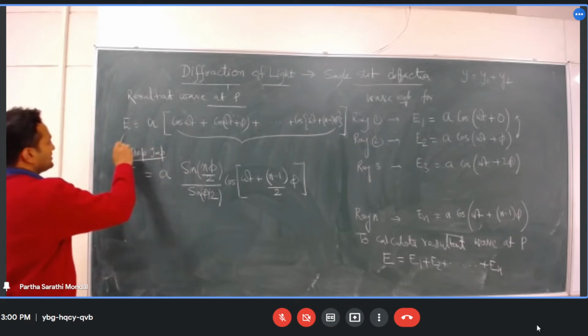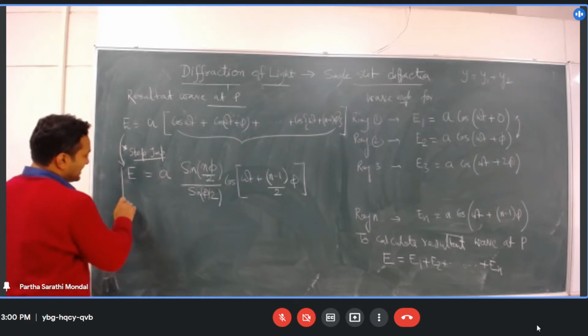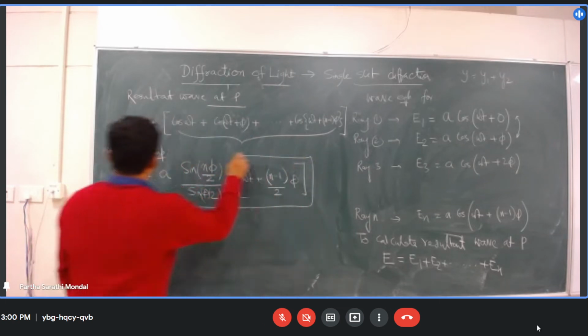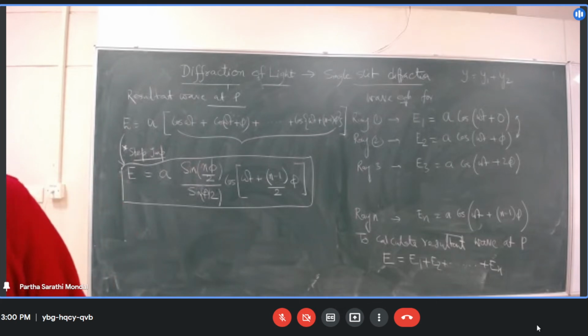We'll do it. Okay. So this is your resultant wave at P. Now, why are we doing this?